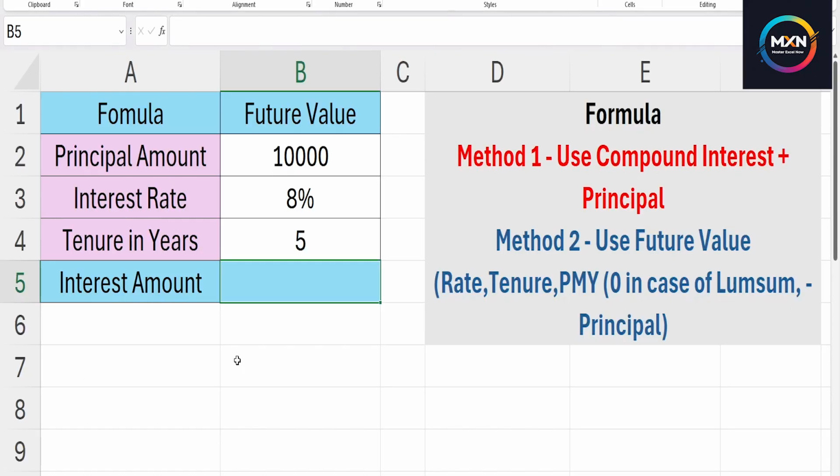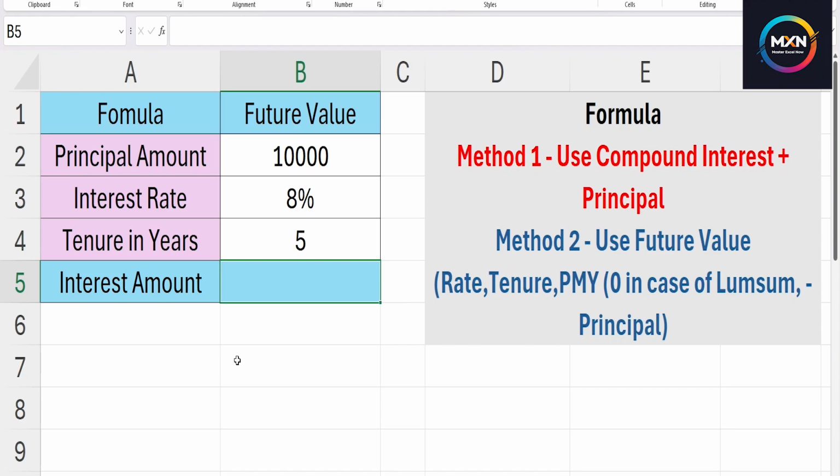Next we have future value. Future value refers to what will be the total value, which is principal plus interest, after a period of time. So if you have invested 10,000 in an investment bond or a portfolio and you expect a return of 8%, the term is 5 years. So what is the total value that will be there at the end of the term?